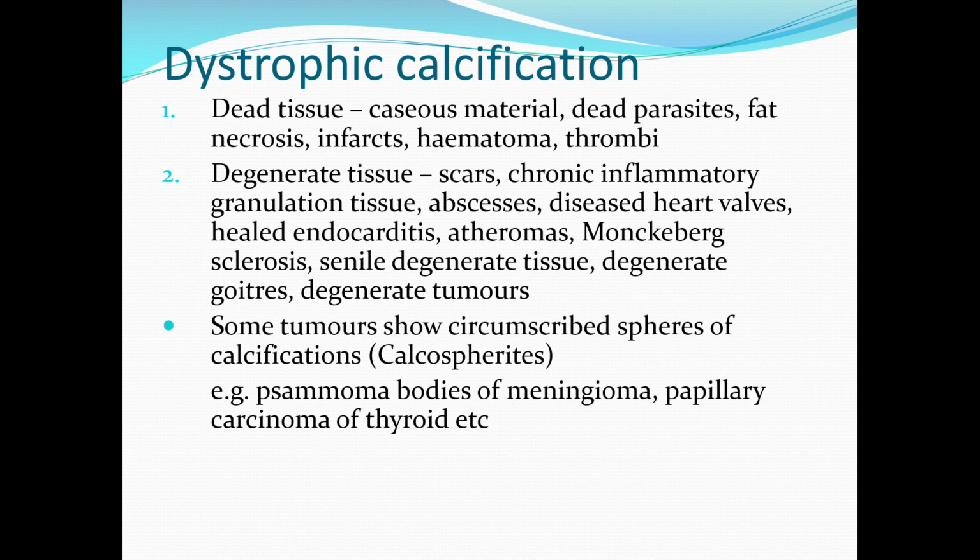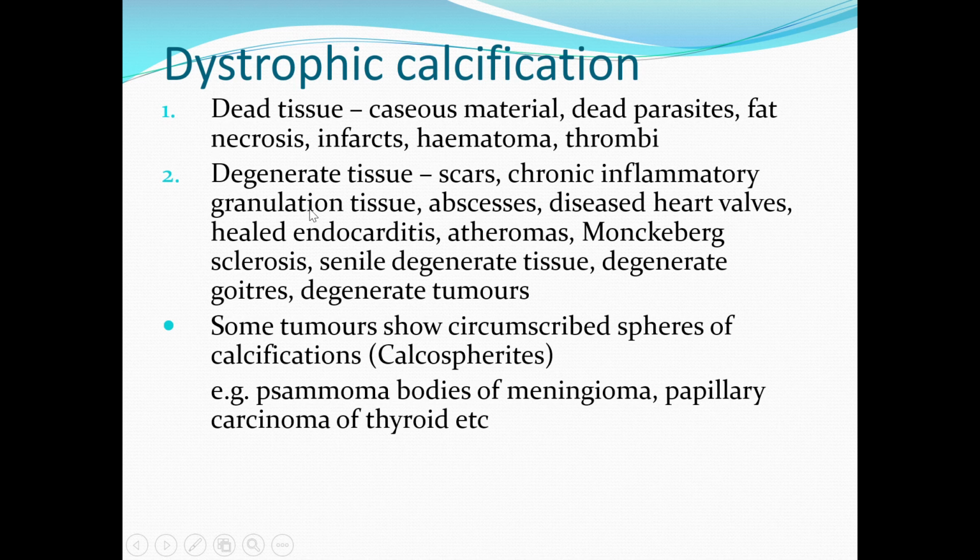Now we discuss dystrophic calcification. The dead tissues, that is caseous material, dead parasites, fat necrosis, infarct areas, hematoma and thrombi, are sites for dystrophic calcification. And degenerated tissues such as scars, chronic inflammatory granulation tissue, abscess, diseased heart valves, healed endocarditis, atheromas, Monckeberg sclerosis, senile degenerative tissue, degenerative goiters and degenerative tumors are all other bases for dystrophic calcification.